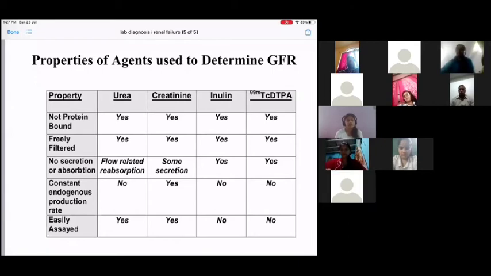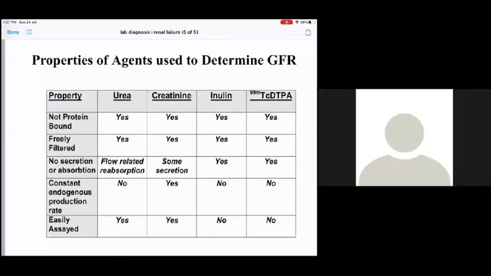Urea is flow related reabsorption, so urea may be reabsorbed, and creatinine, as we have already discussed, may be somewhat secreted in tubules. So the best or ideal substances for determining GFR are inulin and technetium DTPA.